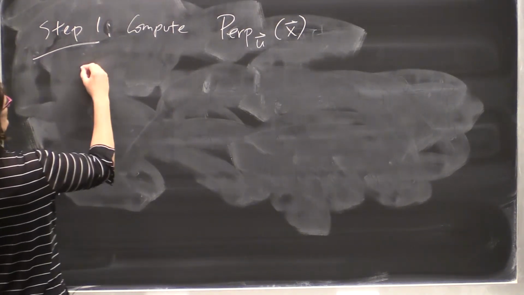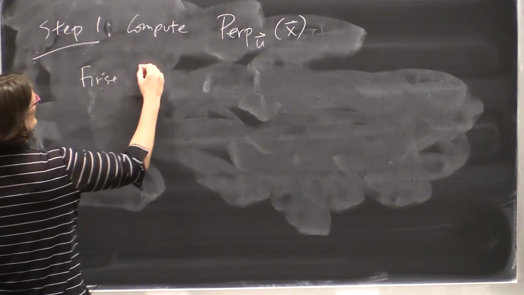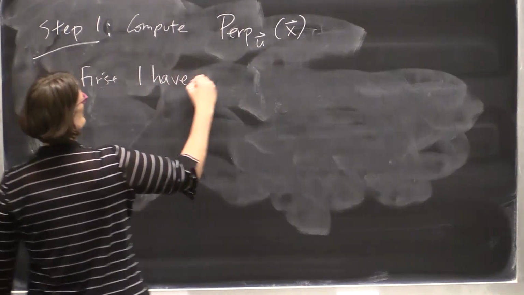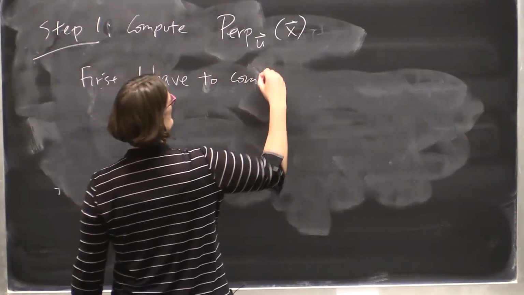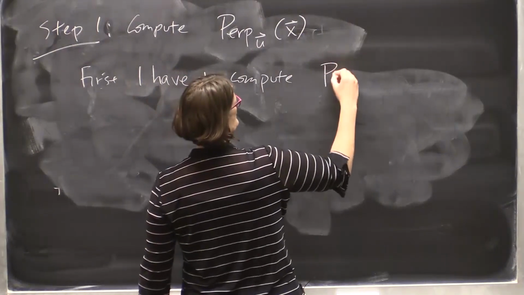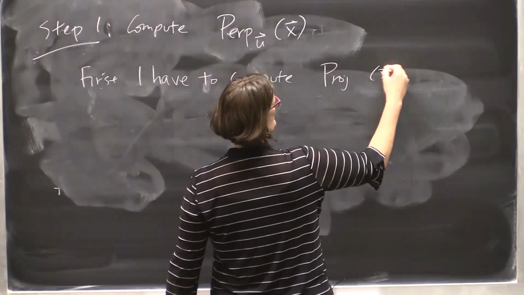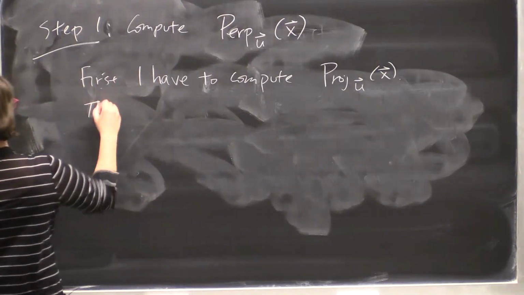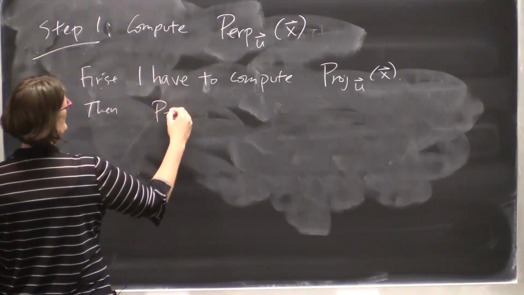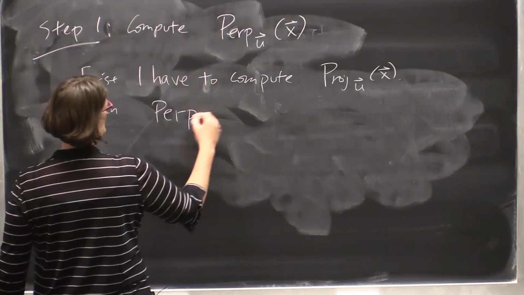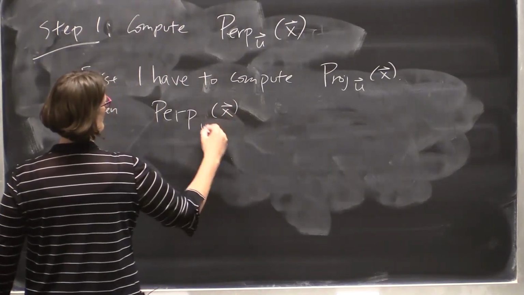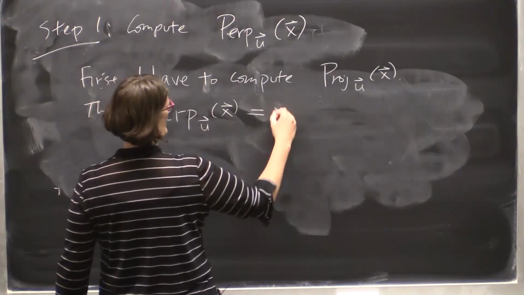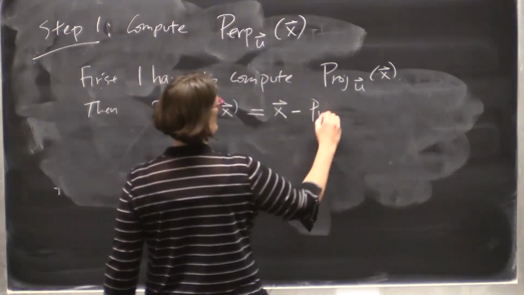This means first I have to compute the projection of x onto u, and then the projection of x that is perpendicular to u is equal to x minus the thing I just computed.